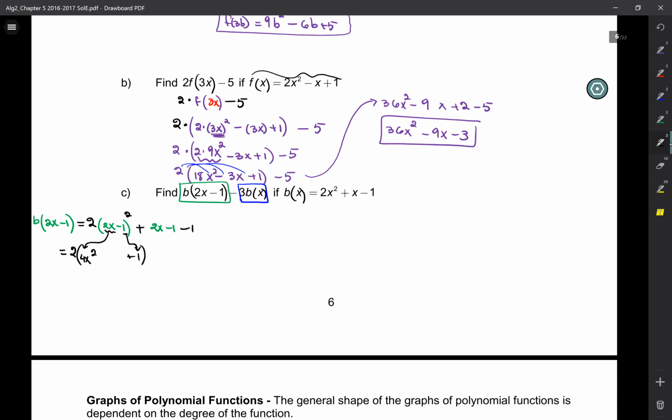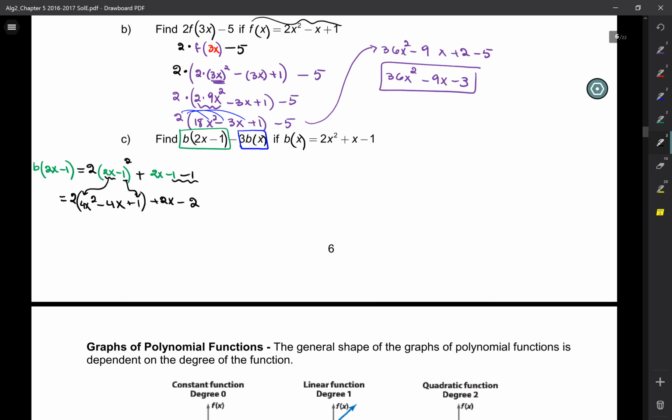The middle term will be 2 times minus 1 times 2x, which is negative 4x. Here we have plus 2x minus 2. Now, let's multiply in the 2.